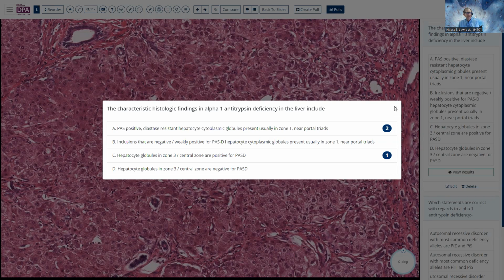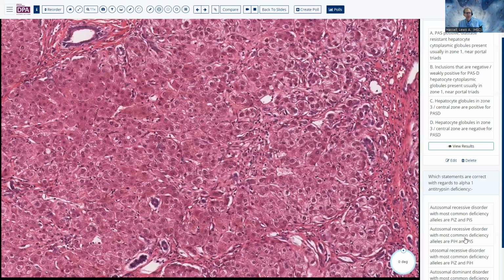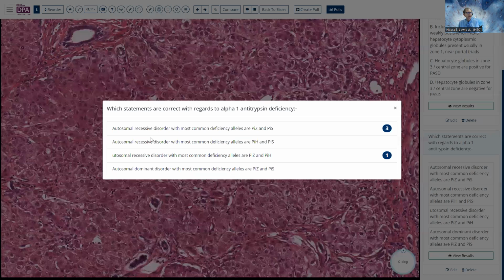And with regard to the genetics of alpha-1 antitrypsin disease, it's an autosomal recessive disorder, and PiZ and PiS are the most common alleles. That's kind of a picky question, but might show up on the boards.